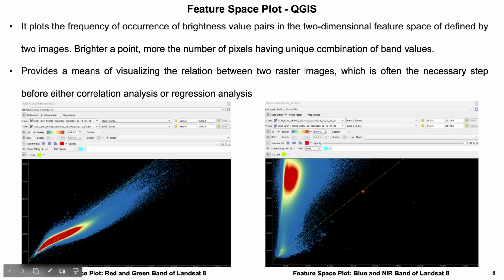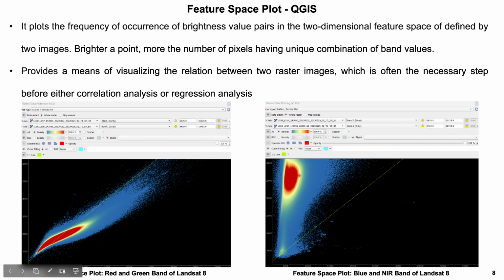Okay, I'll explain. If you remember the spectral signature of water, water has a higher reflectance in the blue band when compared to the other wavelengths. And in your NIR band, your DN value is close to zero.